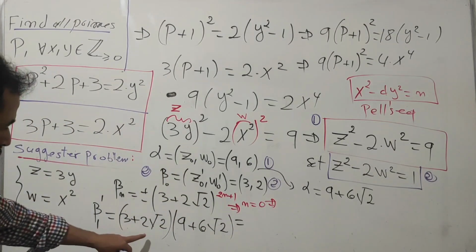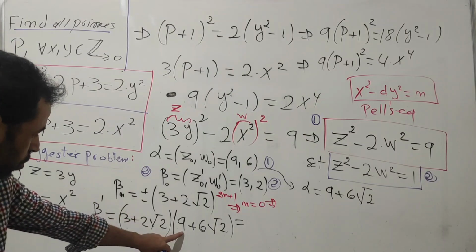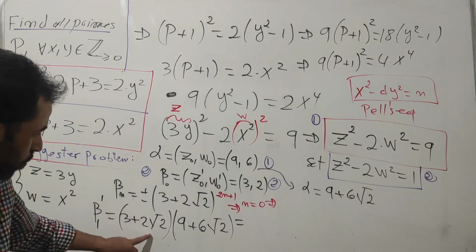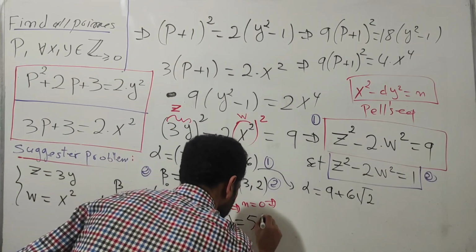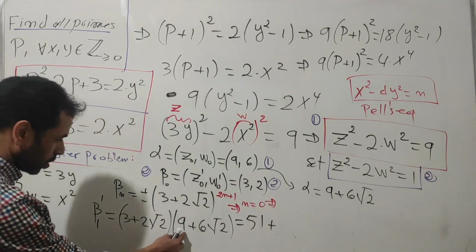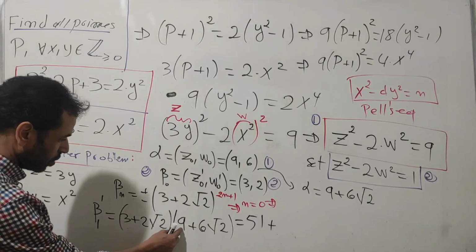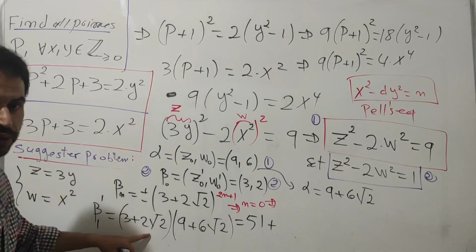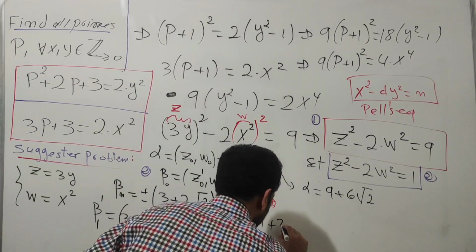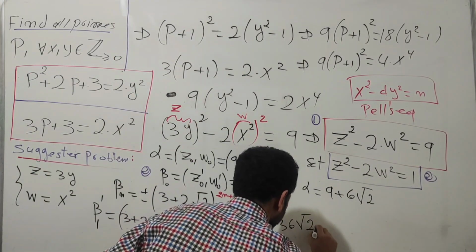If I expand this one out, I get 3 times this one, which is 27. 27 multiplied by these things is going to give us 51. Plus, we get here 9 multiplied by these things, which is 18. Then this one multiplied by this one is also 18. 18 plus 18 is 36. So I get here 36 square root of 2.